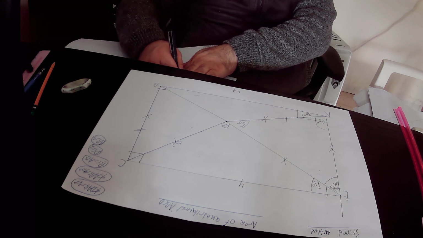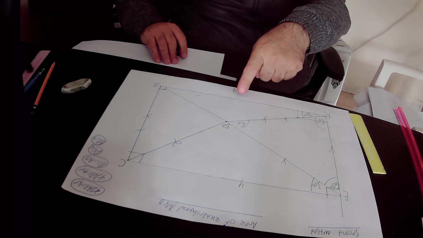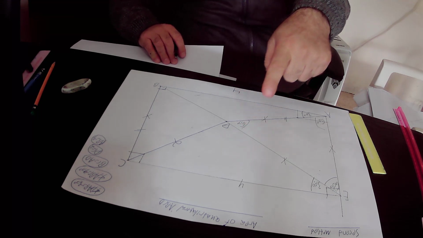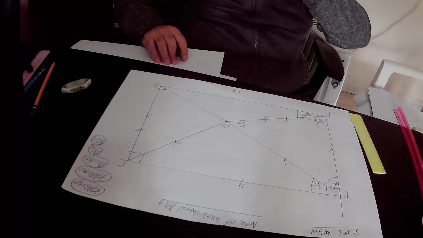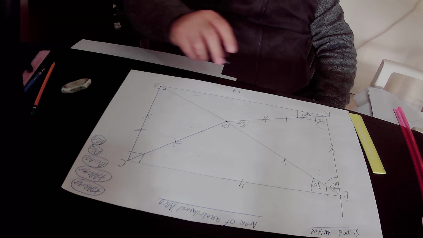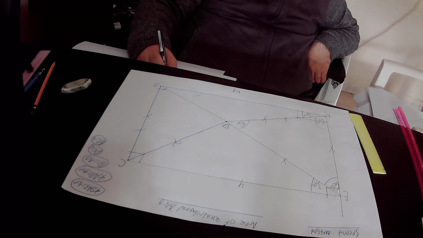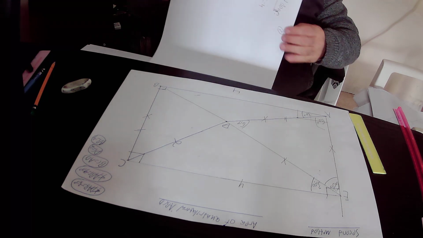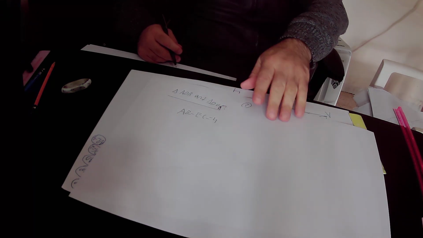I'll repeat again. We will prove the triangle ADB congruent to triangle DEC. So, why are those two triangles congruent to each other? First of all, we know that AB equals EC equals 4 units.